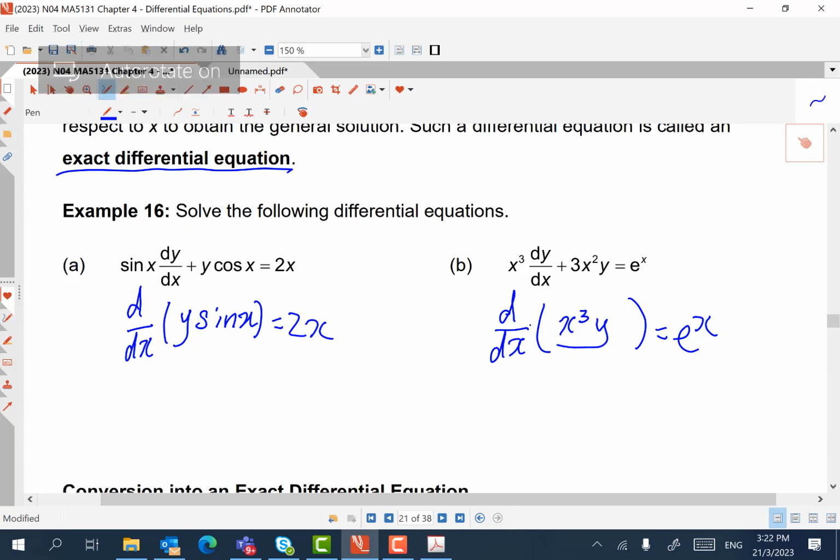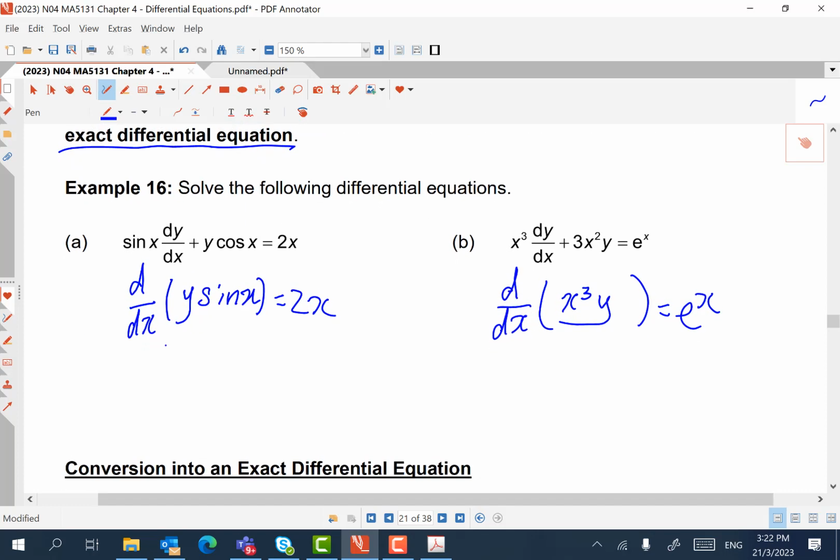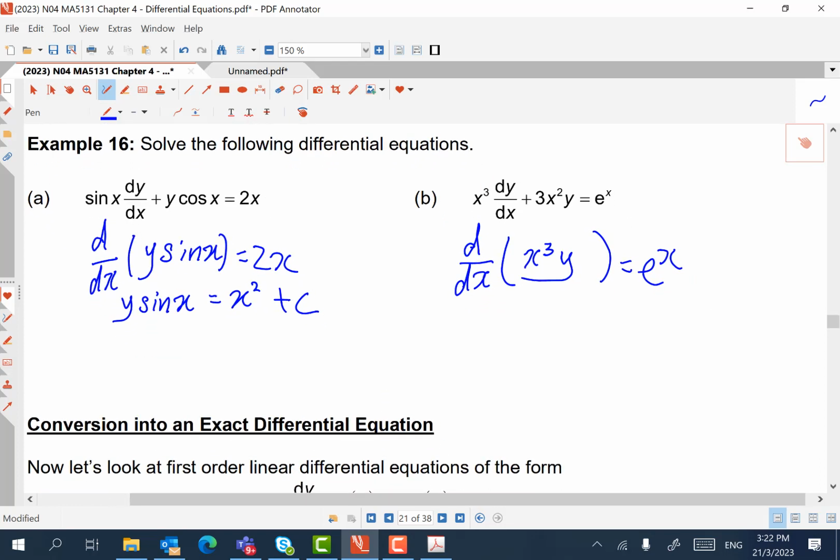Okay, press on, Kurdish. How do you solve this DE then? So then you will just integrate the right hand side to give you. Brilliant! And likewise for this. Right. So if the equation is exact and you can identify it, it becomes very easy.